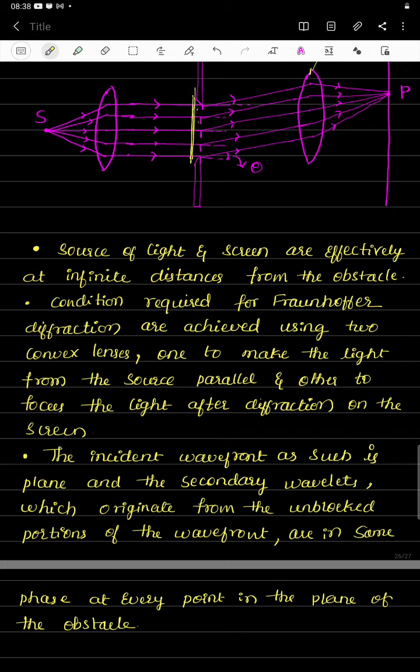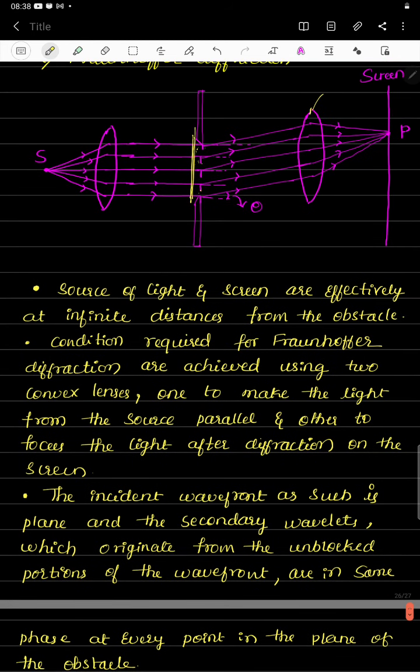These wavelets originating from the unblocked portion of the slit will all be in phase at every point in the plane of the obstacle. So in the plane of the obstacle, all the secondary wavelets will be in phase. So this is the difference between Fresnel class of diffraction and Fraunhofer diffraction.